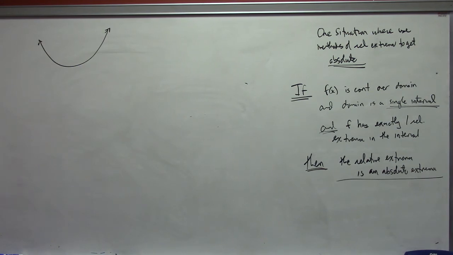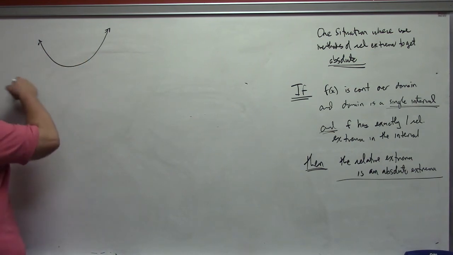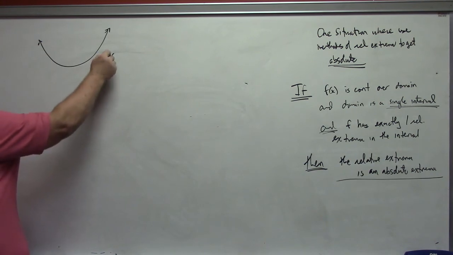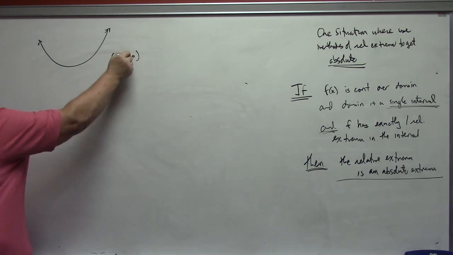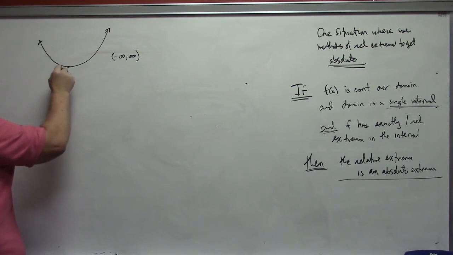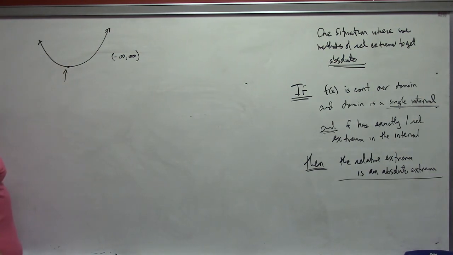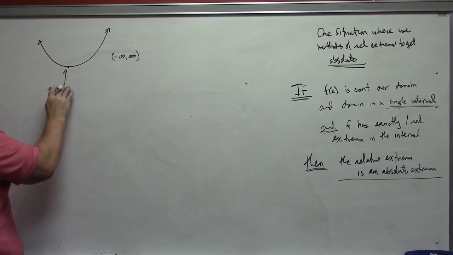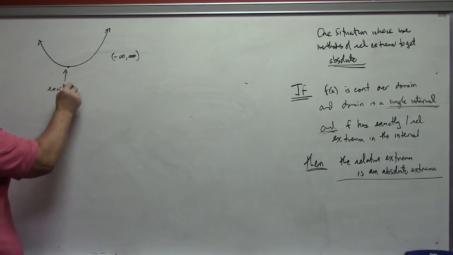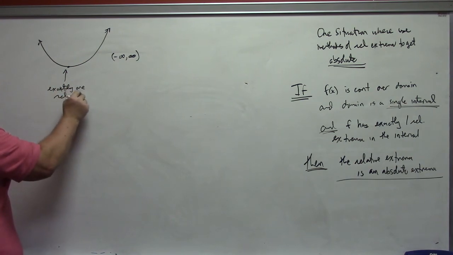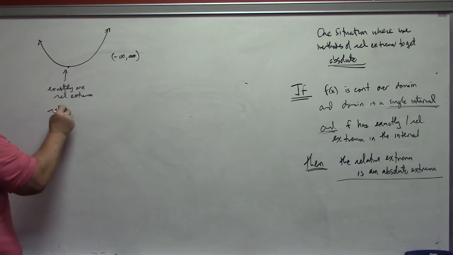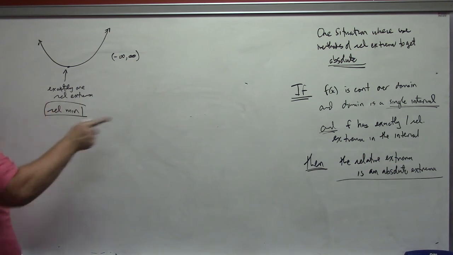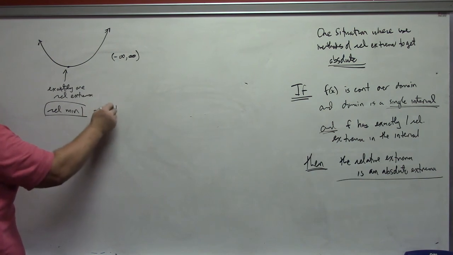In this case, the function is continuous over the domain, a single interval from negative infinity to positive infinity, and it has exactly one relative extrema. In this case it is a relative min, so based on what I said, it's an absolute min.